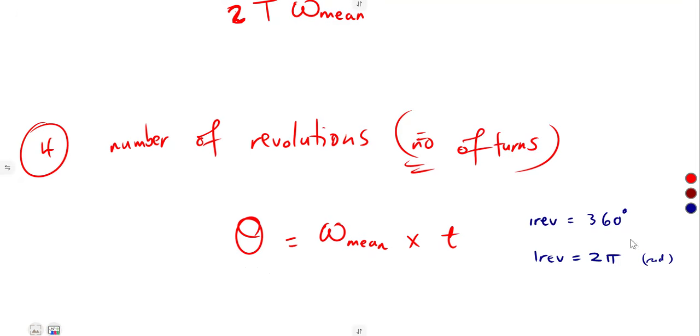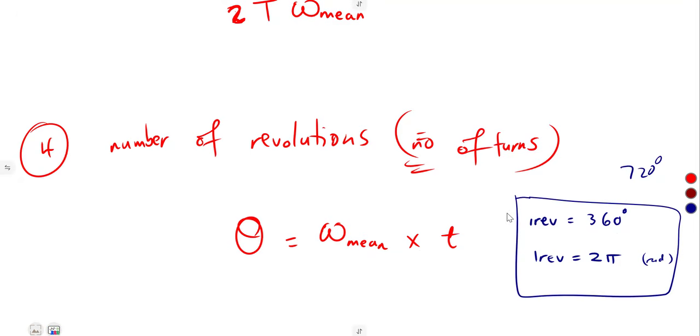We have covered 360 degrees, but how many revolutions do we have in 360? It's 1. So if it is 720, how many? So the angle is not the number of revolutions. But from the angle, you can determine the number of revolutions by knowing this. So it is very, very important that you know that part.